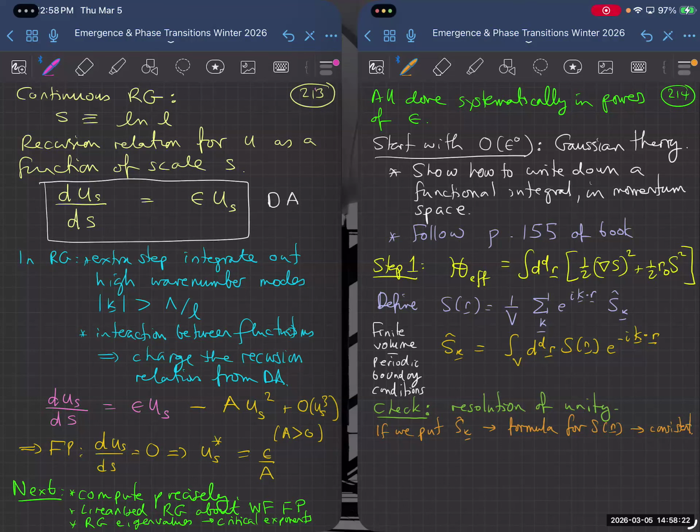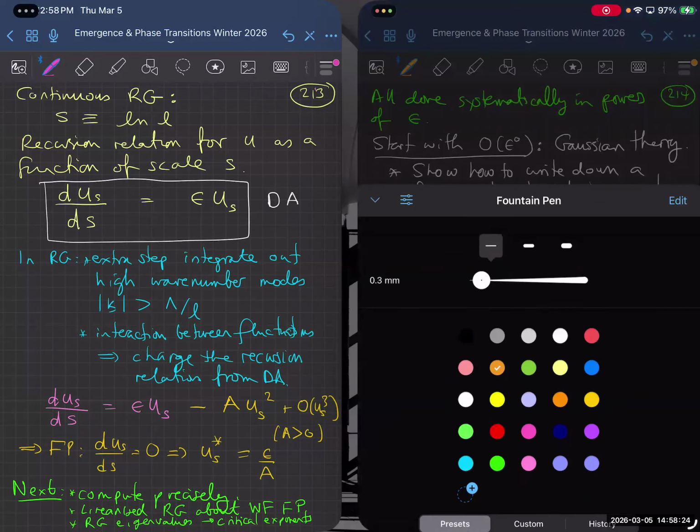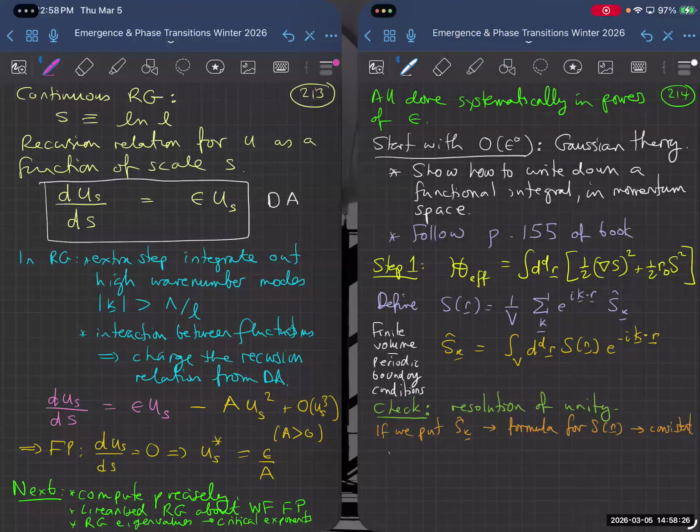What do we do? The idea is we take S of R, which is 1 over V, sum over K, the allowed K modes. I'm going to write down explicitly what they are a little bit later, but you all know this. Then we're going to put in the formula for S of K, which is just the one over here.